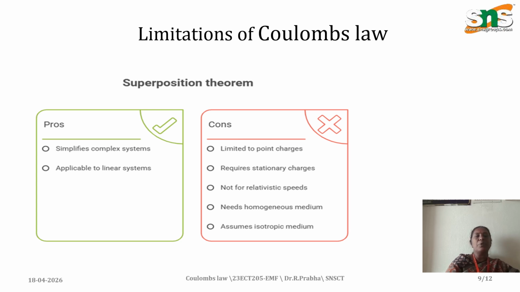It requires only stationary charges, and is not applicable to moving charges or relative speeds. It needs a homogeneous medium, and it assumes an isotropic medium also. We know that in a homogeneous isotropic medium, the permittivity, electric field E, and dielectric flux density D are constant throughout the medium.